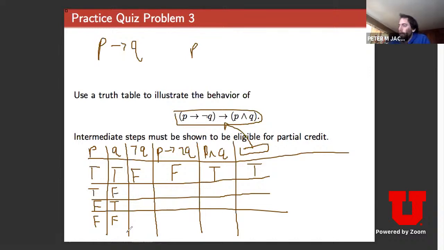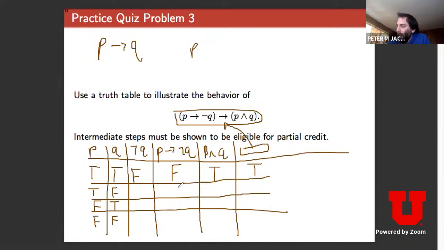So we could also fill out the last three rows. You can do that on your own. And there's something special going on here, which is that if you work out this column of the truth table and this column of the truth table, you'll find that this one is the opposite of this statement. So you might want to do that on your own.